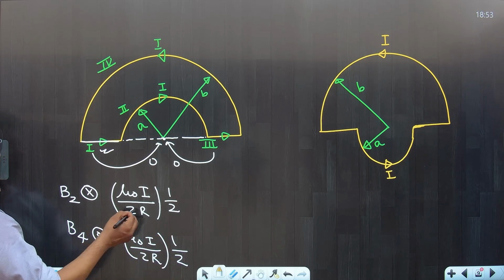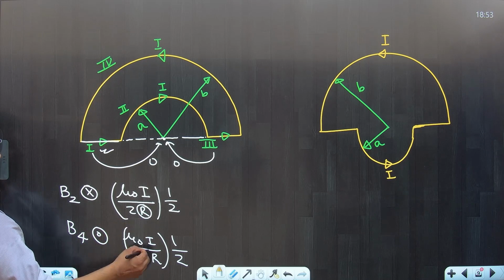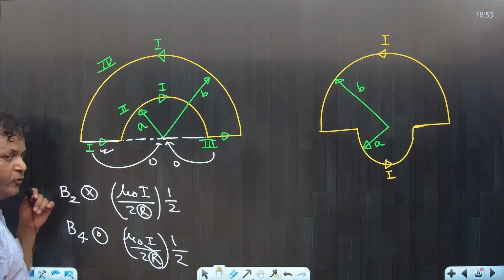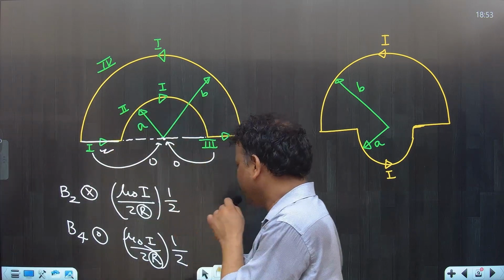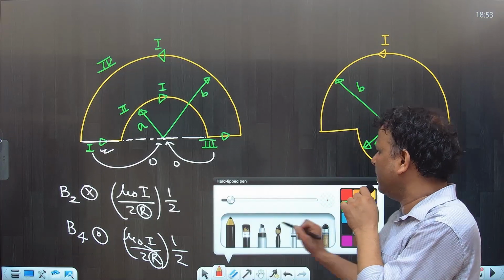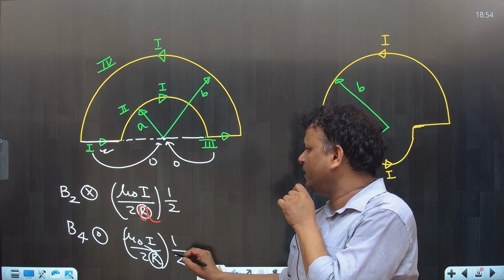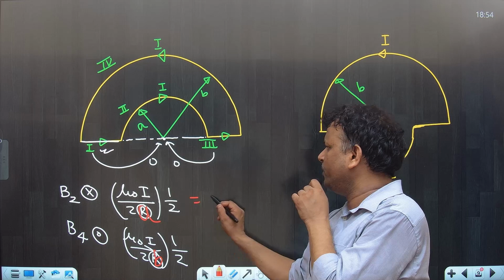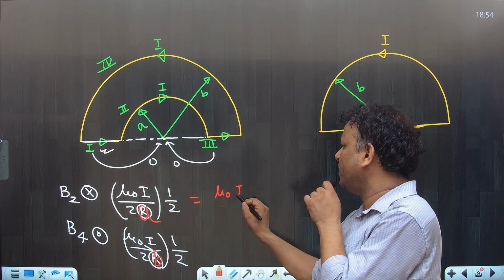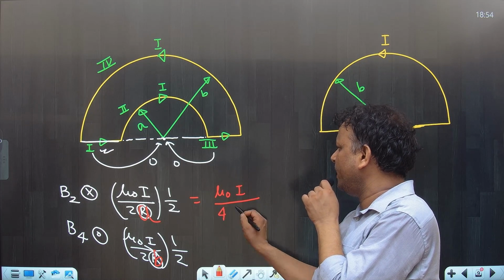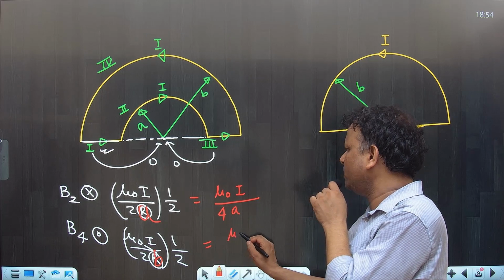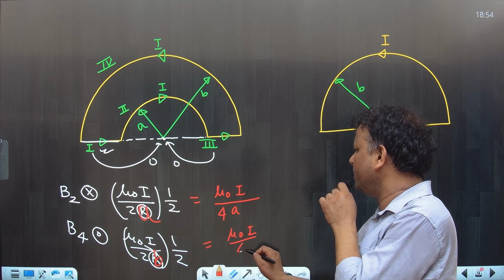Obviously R will be A here and R will be B here. So you will write here A and here B. So it will be mu naught I by 4A, and this will be mu naught I by 4B, right?